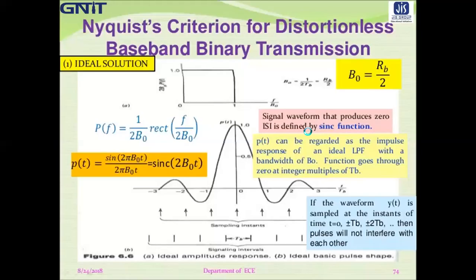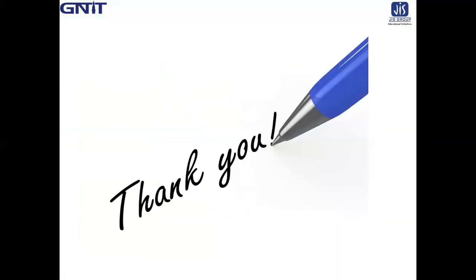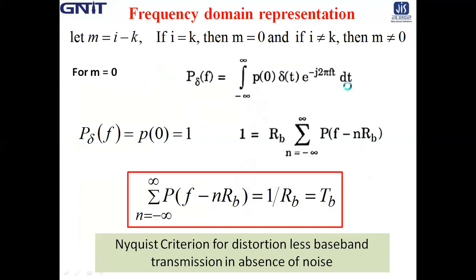Then what is the ideal solution? So the Nyquist criteria for distortionless baseband binary transmission, what is the ideal solution for this? Now the left hand side of the expression, that is P(f − nR_b), represents a series of shifted spectrum.